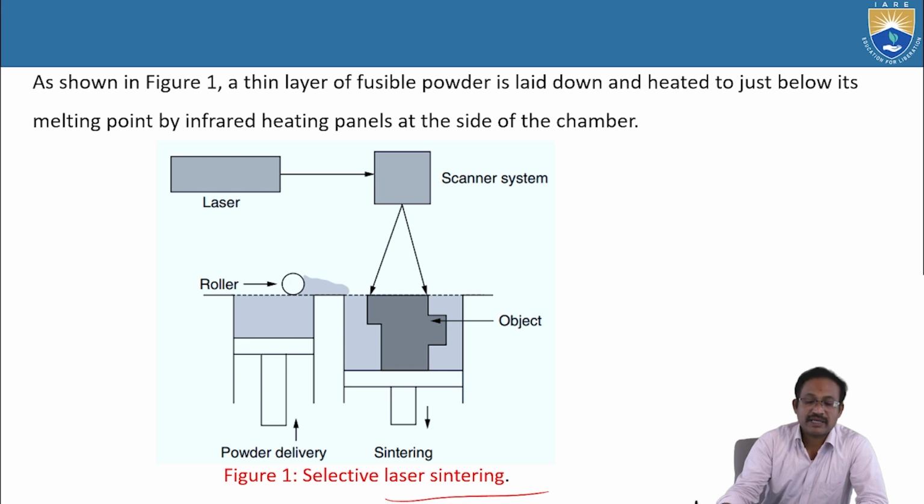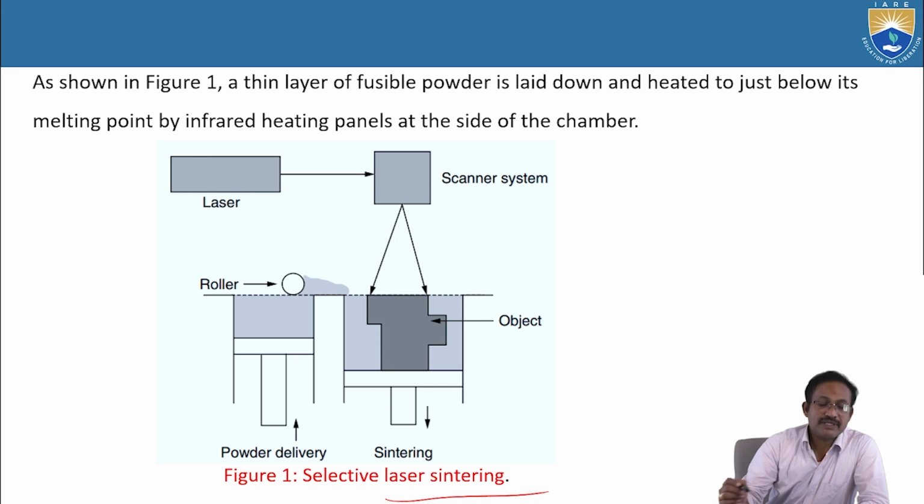Now look at this: this is the laser, the scanning mirror, and this is the roller. This is the object, and here is powder delivery and sintering.